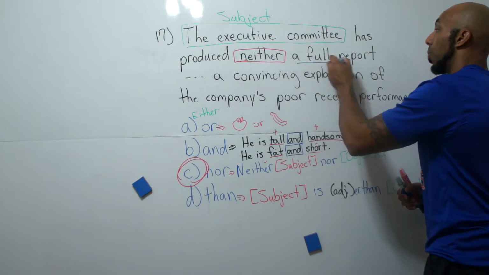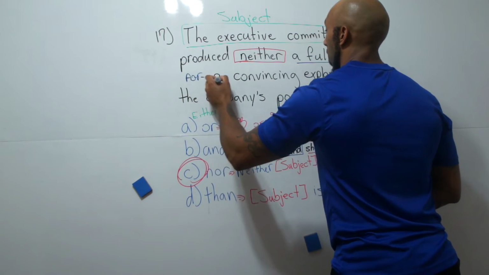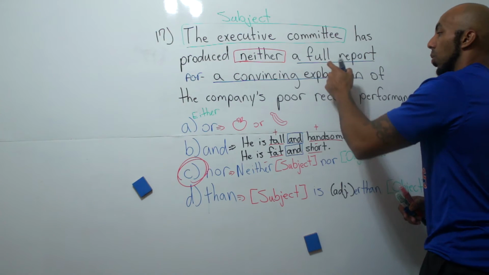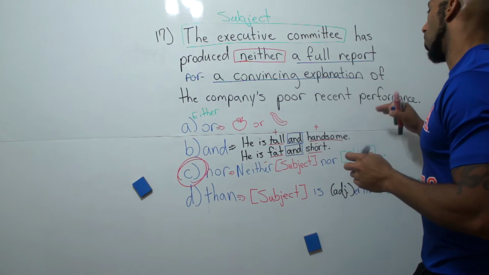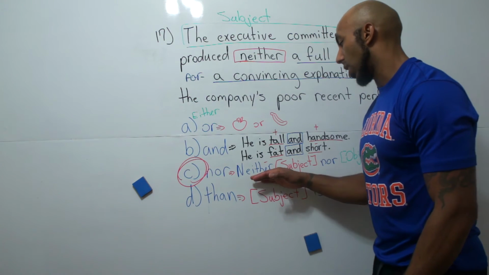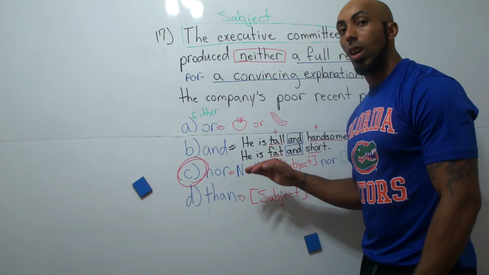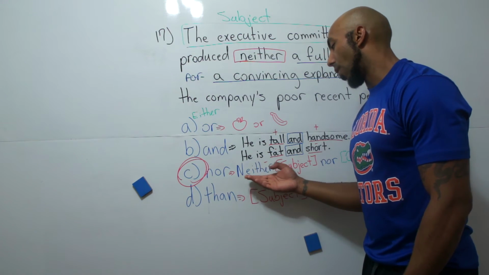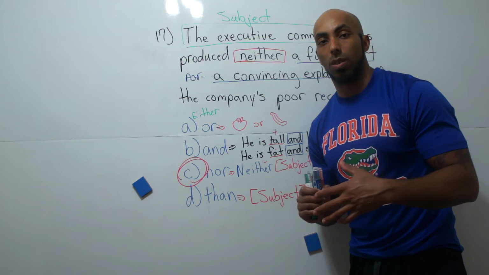We have a full report, nor a convincing explanation. These are both objects, okay, of the company's poor recent performance. Okay, so it's not always that a subject has to follow the neither. Okay, that's not always true. But that's just how I've written that to give you an idea of how to use neither nor.